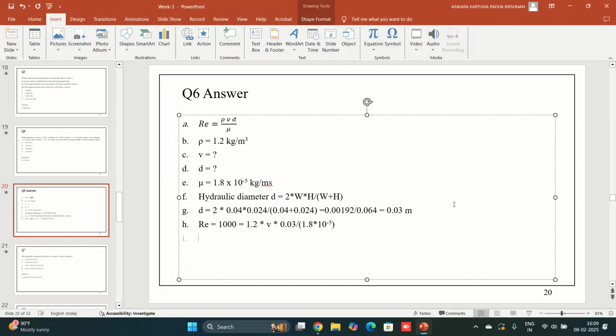So now we need to have V. So V equal to 1000 into 1.8 into 10 power minus 5 divided by 1.2 into 0.03.